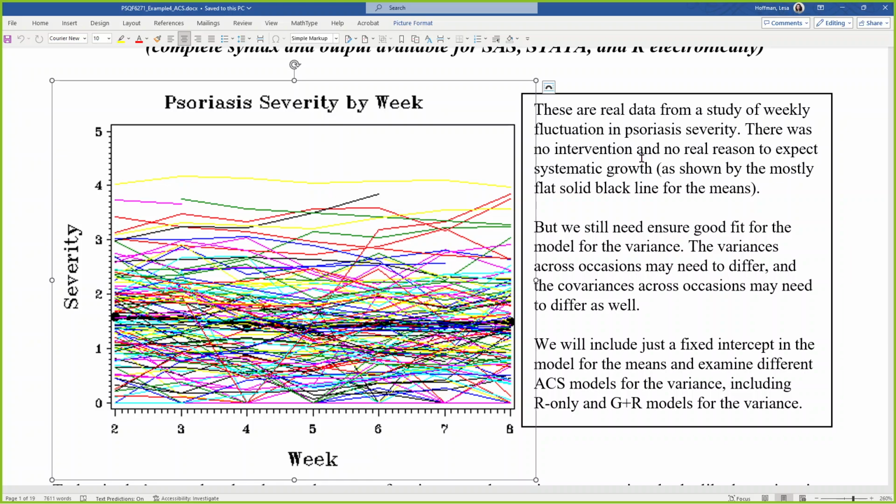So psoriasis is a skin condition, has itchiness and scaliness and some discoloration, and it's thought to be exacerbated by stress. So this is an example of an outcome that would be related to stress, potentially differentially across people. Like if you're a better coper, potentially stress doesn't affect you as much. That was sort of the goal.